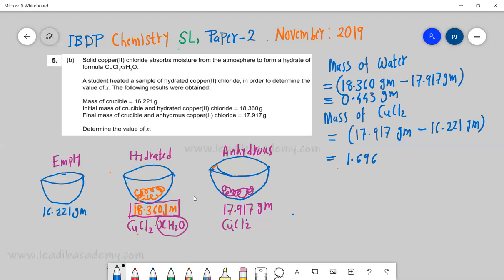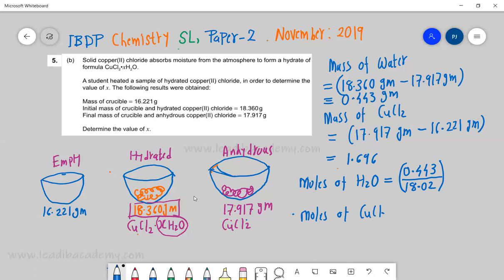What is the next step? Now we will calculate moles of water or moles of H2O. How to do this? Take the mass, that is the mass of water, 0.443, divided by the molar mass. This we can easily obtain using the data booklet, and we can do the calculations. Then what about the moles of CuCl2?